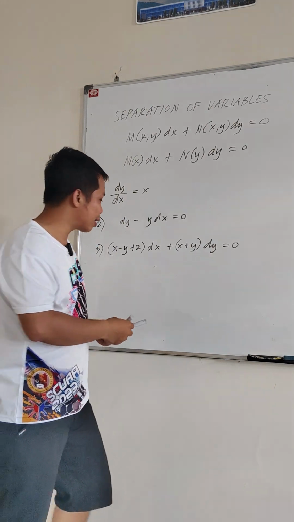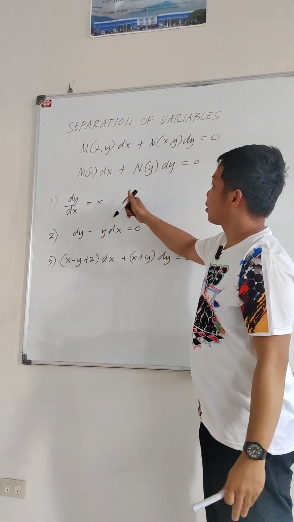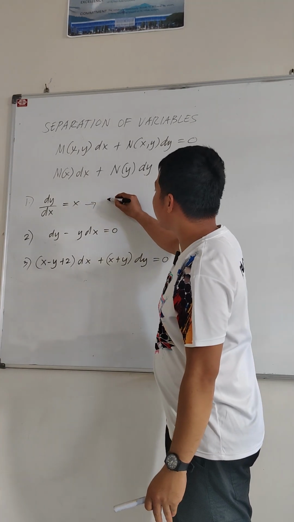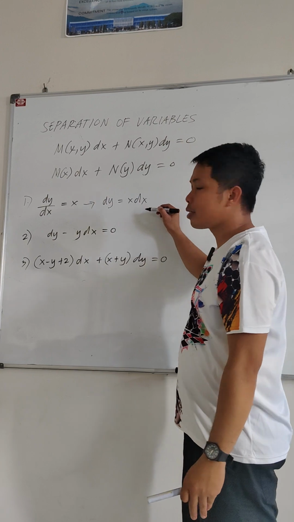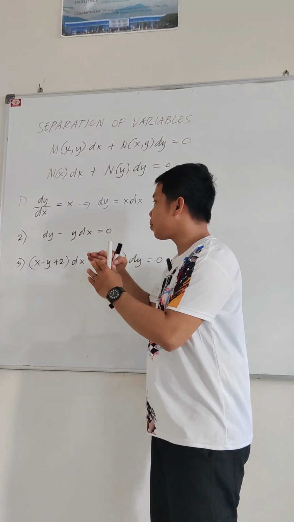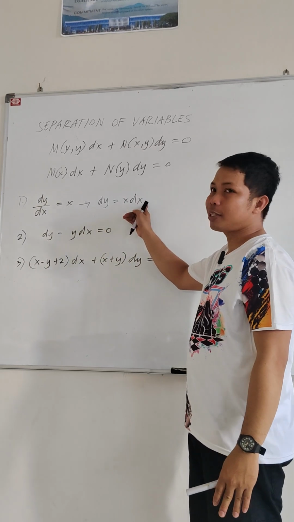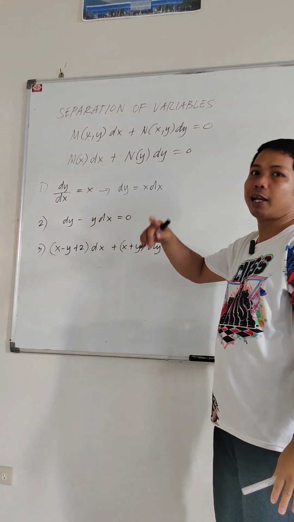How about ang number 1? So, ang number 1, separable or not? So, I think this is separable. Why? Because this can be written as dy is equal to x dx by cross multiplication. Dito pa lang, makita na natin na si x, ang kasama niya si dx. And si dy, ang kasama niya is 1. Walang y dito.